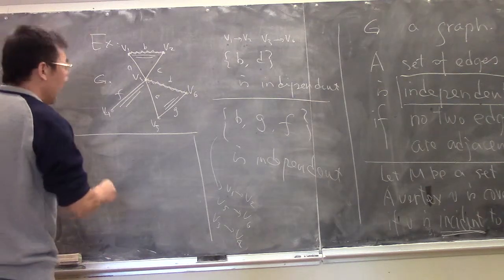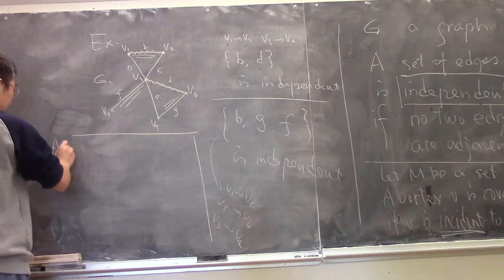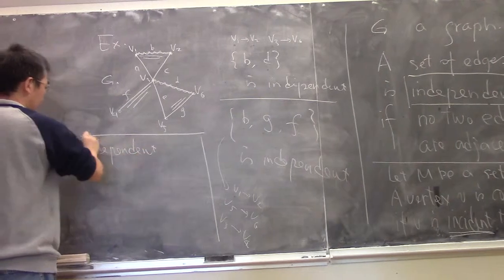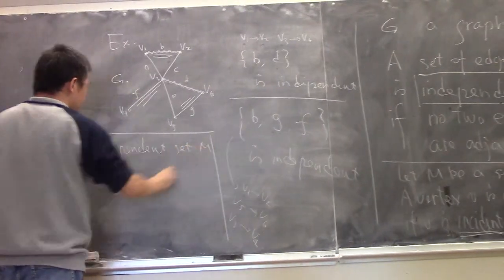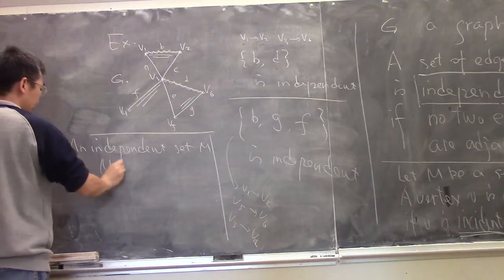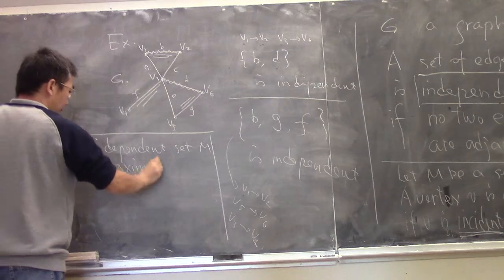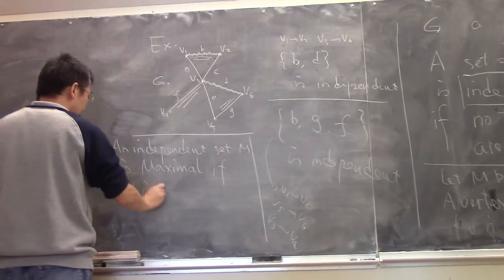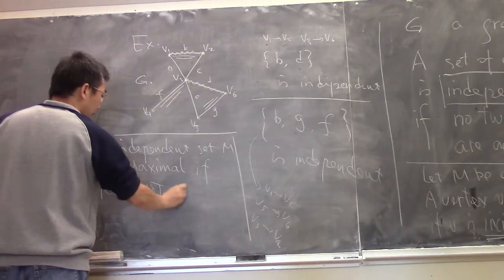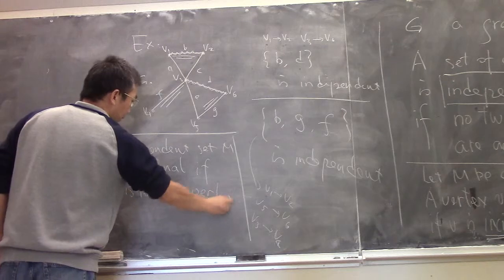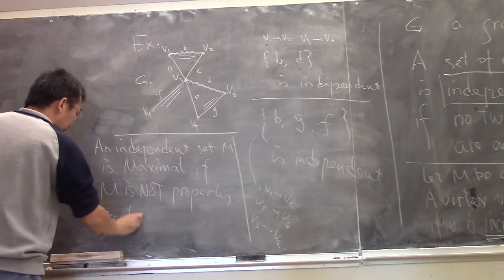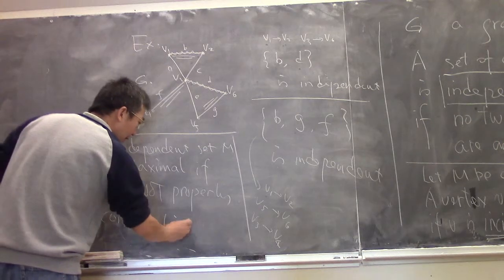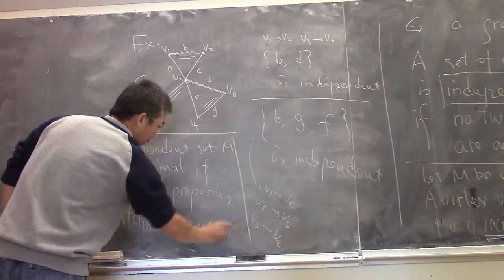Say an independent set M is called a maximum if M is not properly contained in another independent set.